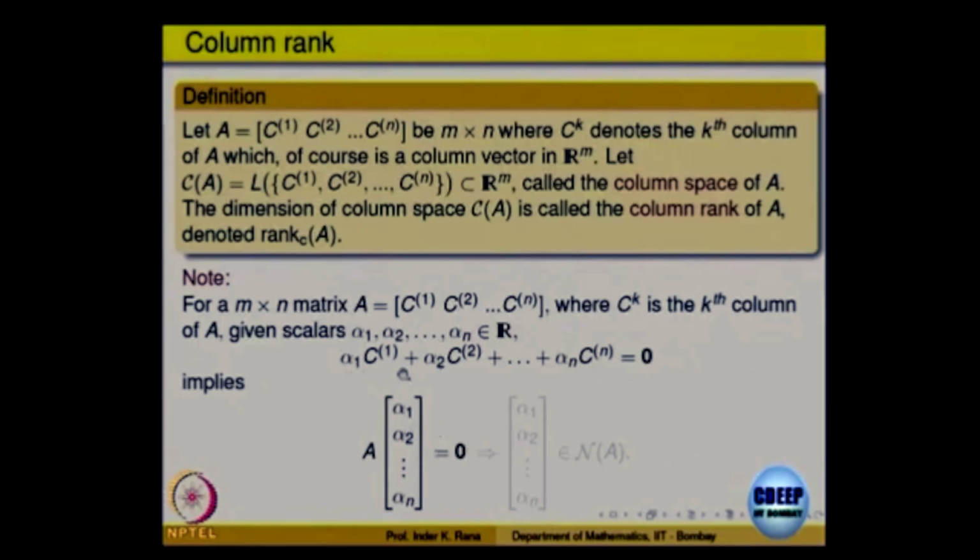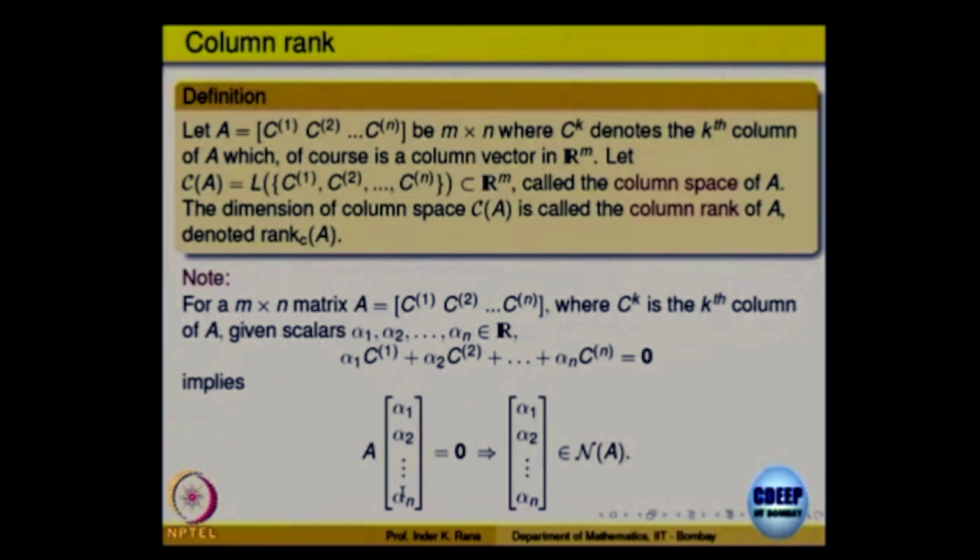This linear combination can be written this way, and that means the vector (alpha 1, alpha 2, ..., alpha n) is a solution of the homogeneous system: A applied to alpha is 0. So this vector belongs to the null space of A.